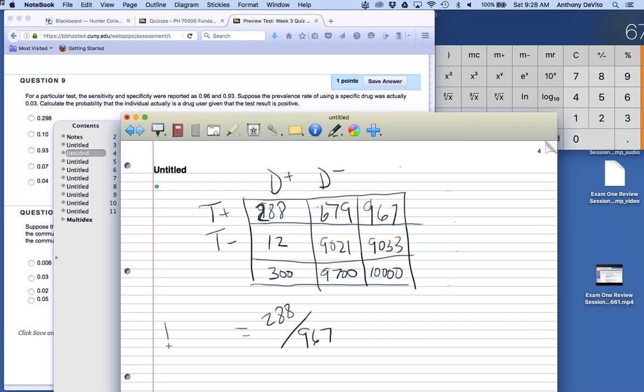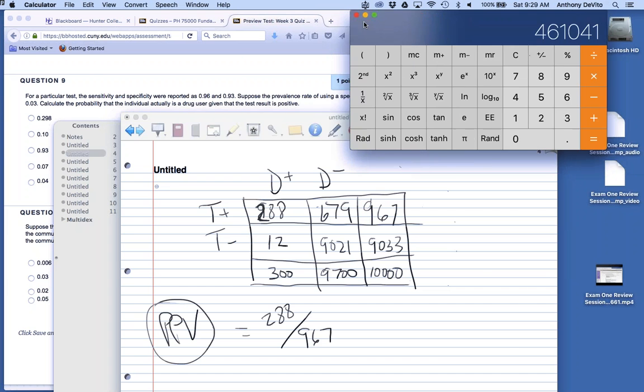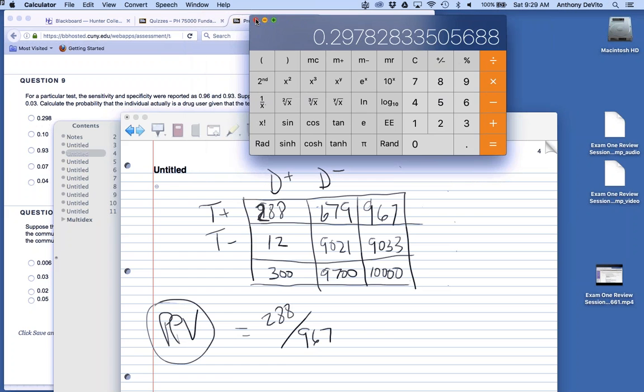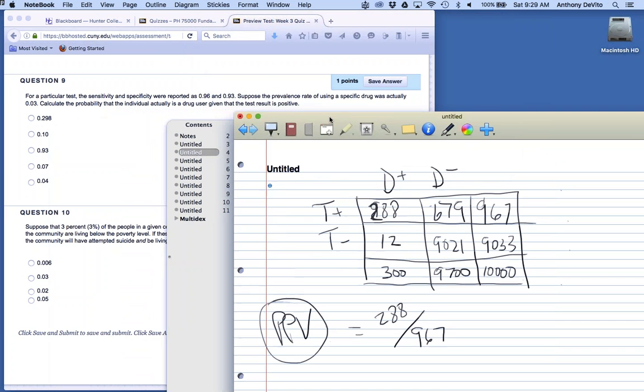Now, what is that called? That's called the positive predictive value. If you get a positive test, how likely is it that you really have that disease or are a drug user? So I get 288 divided by 967 equals about 29.8%. Right? Do we have a selection there that's 29.8%?